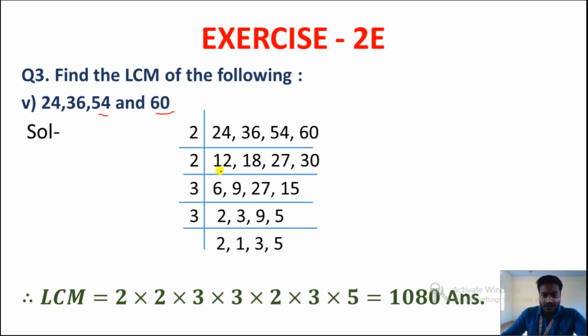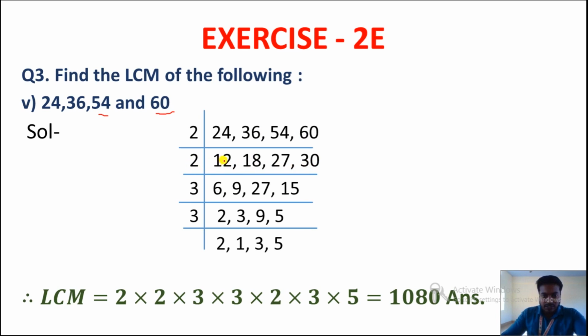Alright. Now here you can see 12, 18 and 30. These three numbers we can still divide by 2. So we'll take 2 because yesterday I told you according to the rule at least 2 numbers should be divisible from the list. So here we have three numbers which we can divide by 2. So let's divide.